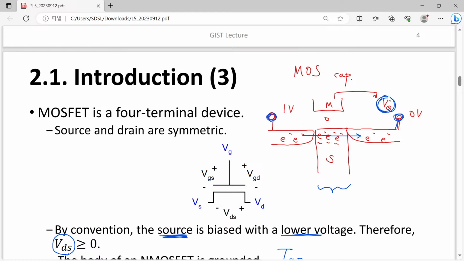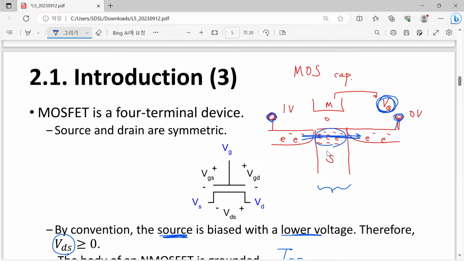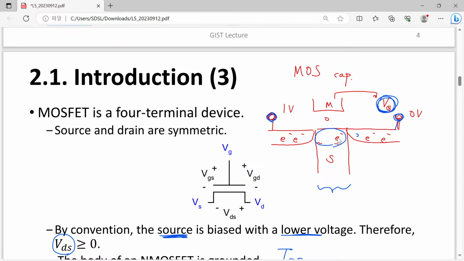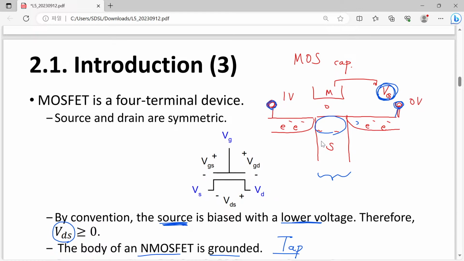The gate voltage controls the number of electrons, and the change in the number of electrons is sensed by this current. If we have no electrons, there will be no current. And if we have a lot of electrons in between, then when we apply a certain voltage difference between source and drain, we will have a certain current. That is the main operation principle of the MOS field effect transistor.